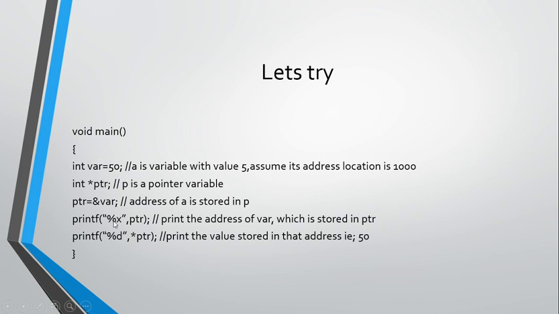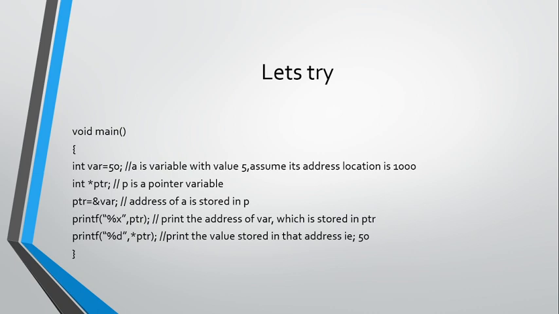The address is normally represented as hexadecimal, so you use %x while printing that. printf of %x ptr will print the address of var which is stored in ptr. If you want the value, that is, I want to print the value of var, var contains 50.